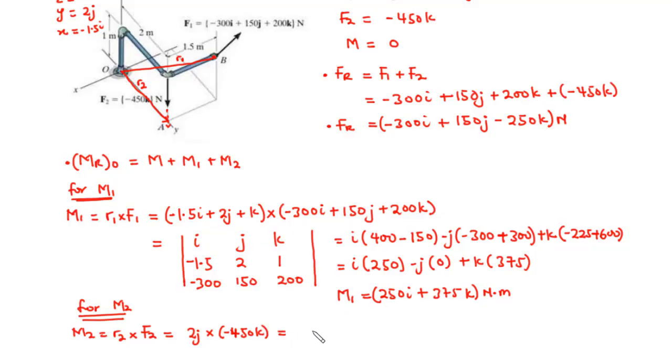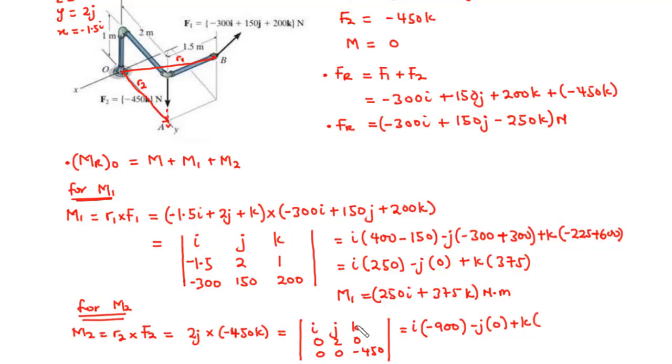So that will be equal to, we have i, j, k, and then 0, 2, 0, and 0, 0, negative 450. So this is equal to, we select i, we cancel out row and column containing i, we have negative 450 times 2, that is negative 900. 0 times 0 is 0, so minus j, we cancel out row and column containing j, negative 450 times 0 is 0, 0 times 0 is also 0, plus k.